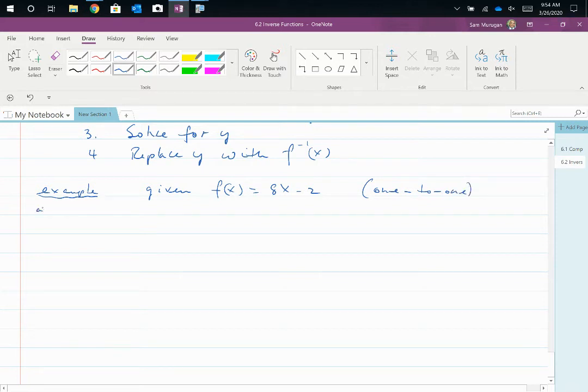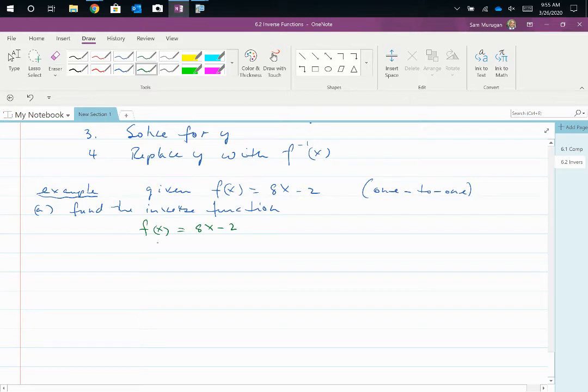Okay, A, find the inverse function. So f of x is equal to 8x minus 2.